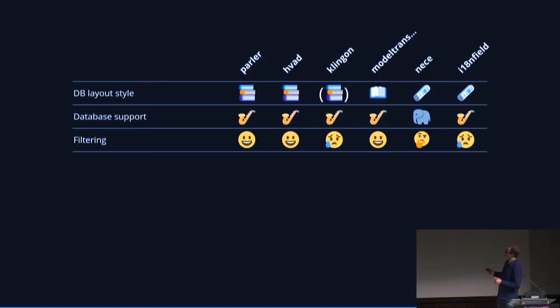Klingon doesn't really have any support for filtering, and this is also hard to implement because your database doesn't know about the generic foreign key, so you cannot really do an efficient join, and it's hard to implement filtering there. For Django Modeltranslation, it's easy again because it's just different model attributes, and you can just filter on the title_de, title_en field.